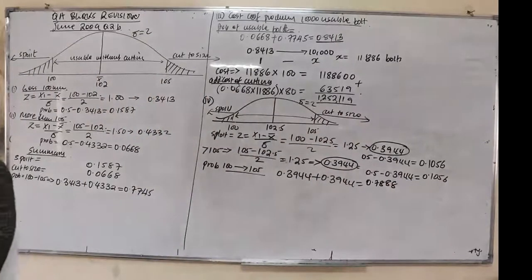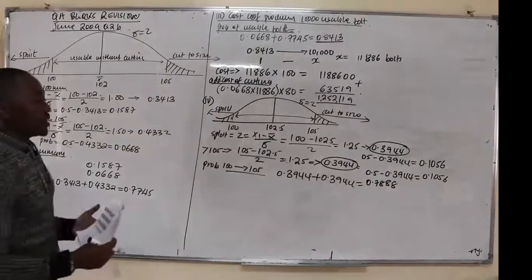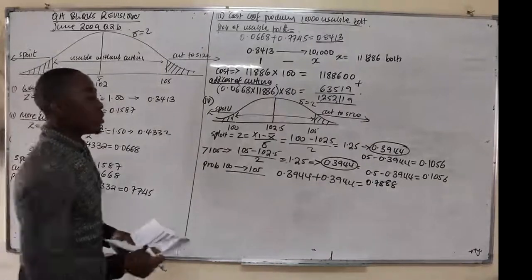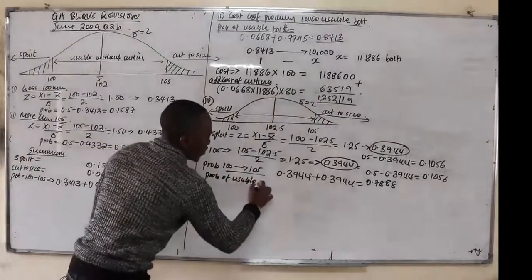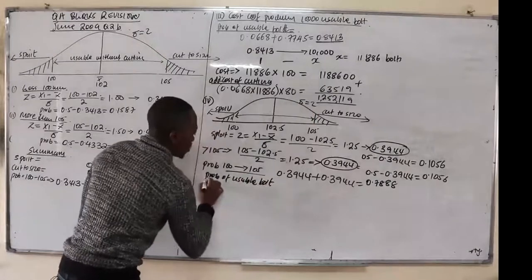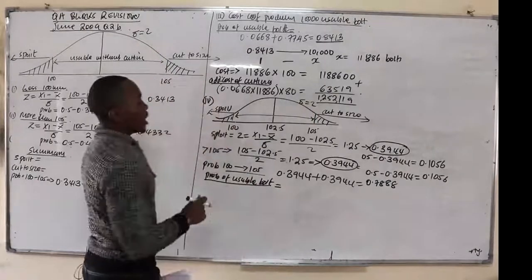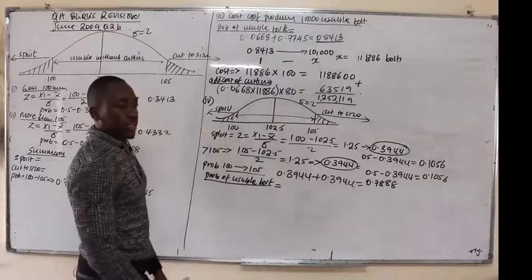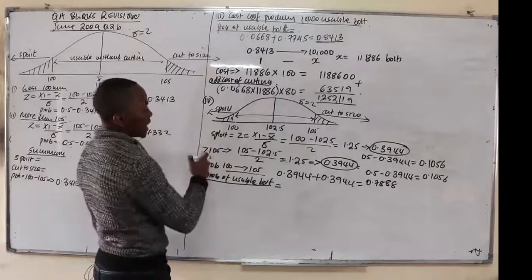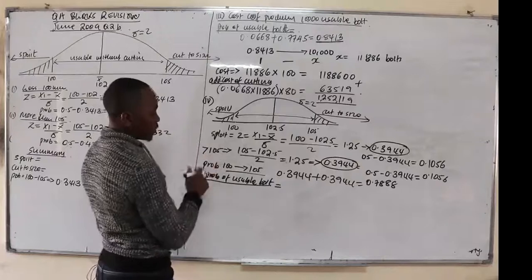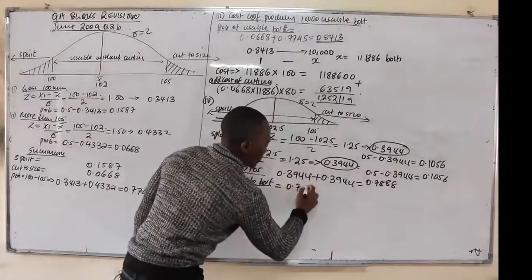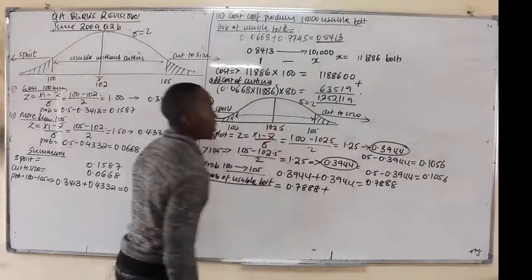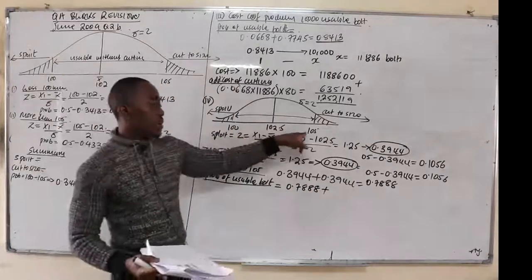Are you together? So we are looking at the cost implication. So we want to get the probability of usable bolts. So you take those regarded as spoiled, just eliminate that. So you'll take 0.7888, the probability of being between 100 and 105.